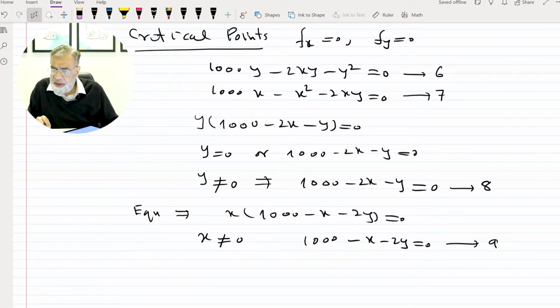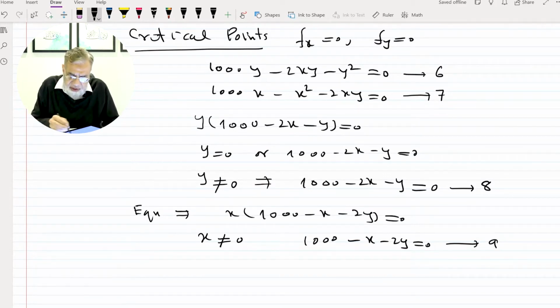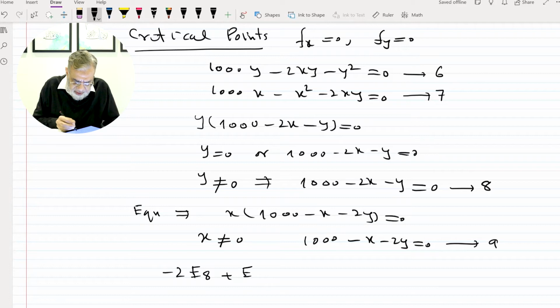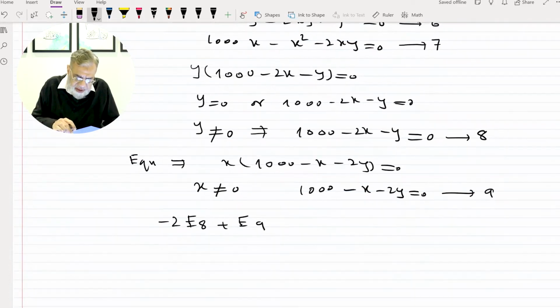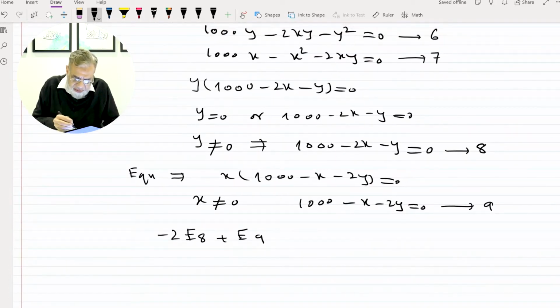To solve these equations, I just multiply one of the equations by 2 and add it to the other one. I multiply equation 8 by minus 2, and add equation 9. When I multiply equation 8 by minus 2, we get minus 2000 minus 4x plus 2y equal to 0.